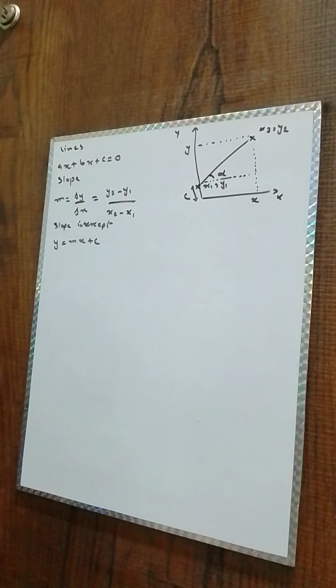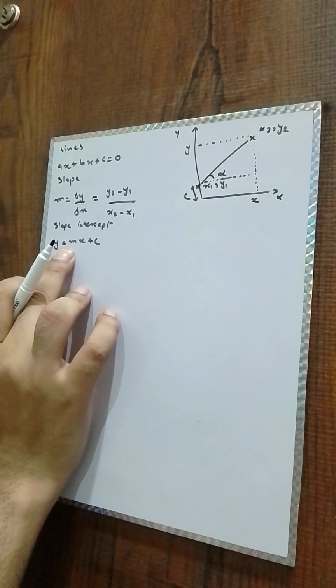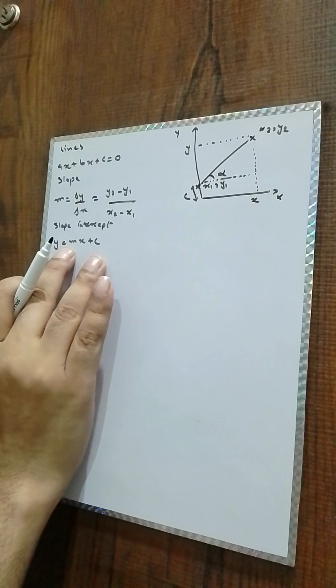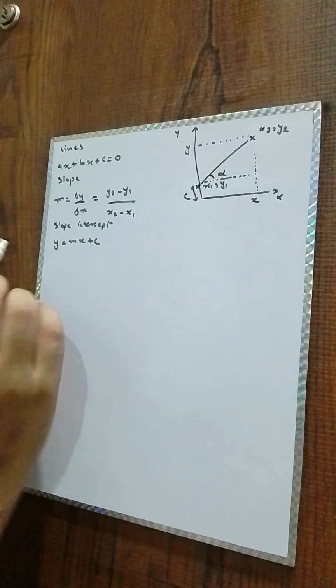We can put some numbers and solve, but that can be done later as well. So there are different versions. In this case, you must have the slope as well as the intercept. You put the values and you get the equation in terms of y and x.